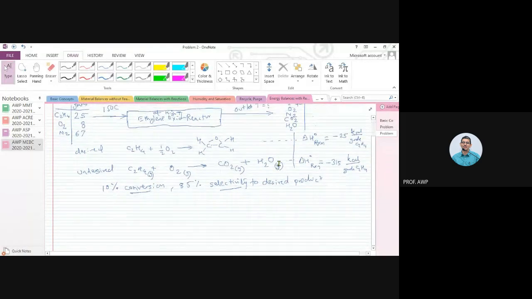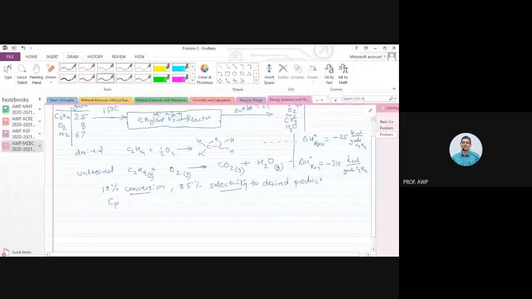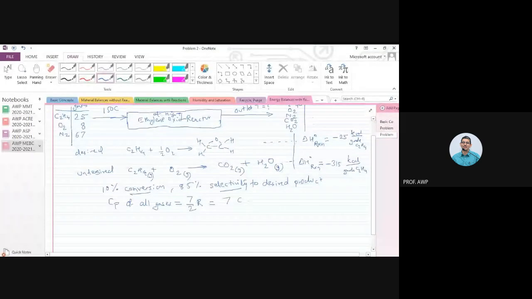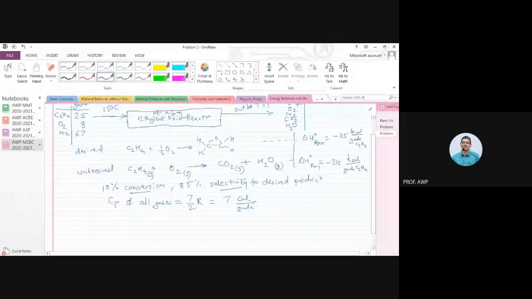Okay. I'm just going to make your life simple. I'm going to say Cp of all gases is like 7/2 R. So if you want, you can take it as 7 calories per gram mole Kelvin. So I have made your life simple.